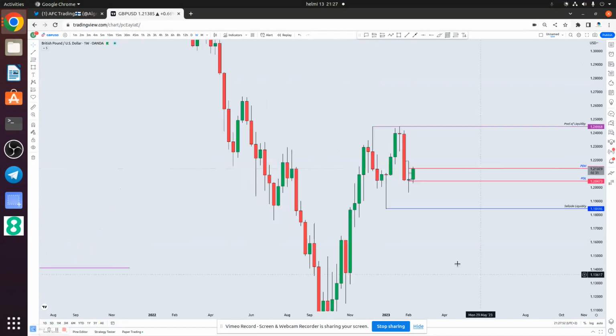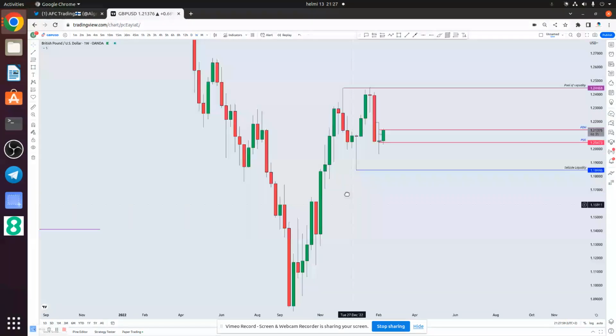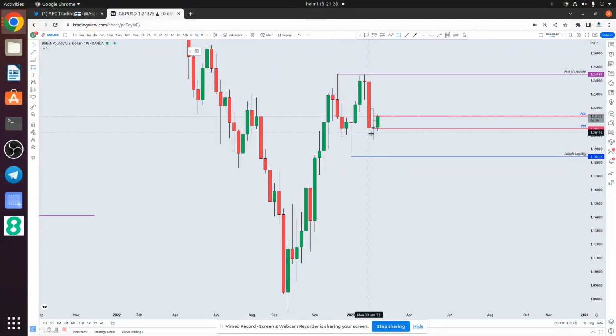If I saw rejections on the weekly, why would I confirm anything on the daily? I would wait for the weekly to break. When the weekly closes here, then I know, all right, price is trying to go bearish. I would expect then a retest in here.